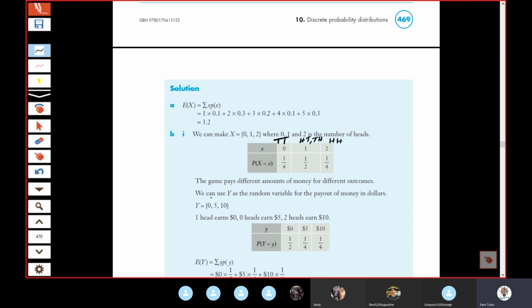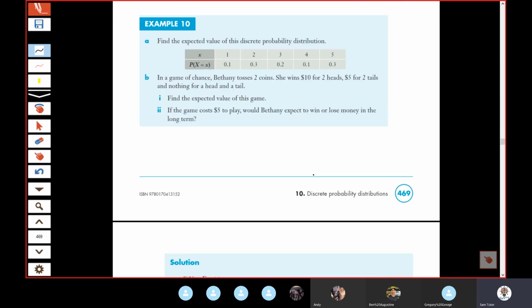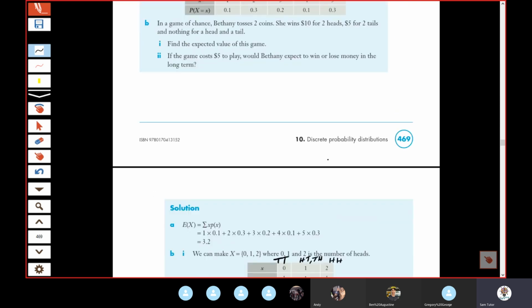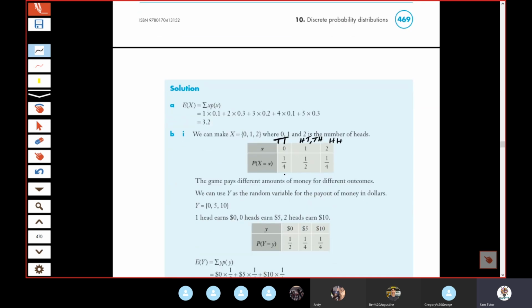If you got 2 tails, which means no heads, you got $5, and the probability was a quarter. I'm just going to put it underneath, it's easier for me.